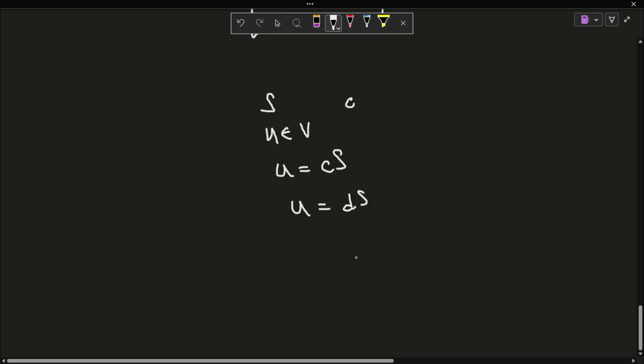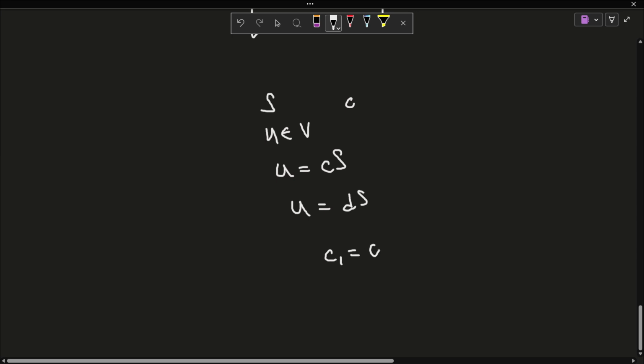What I'm trying to say here is U equals C1 V1 plus C2 V2 all the way to Cn Vn, and then also U equals D1 V1 plus D2 V2 and so on, but I'm just trying to write it faster. And so if you have two ways of expressing U as a linear combination of the basis vectors, well, too bad.